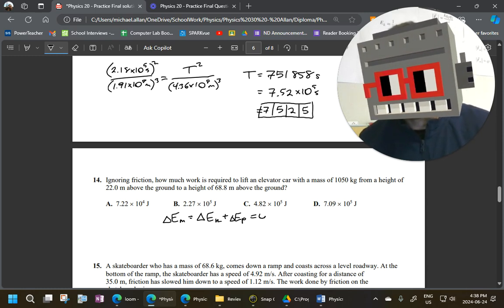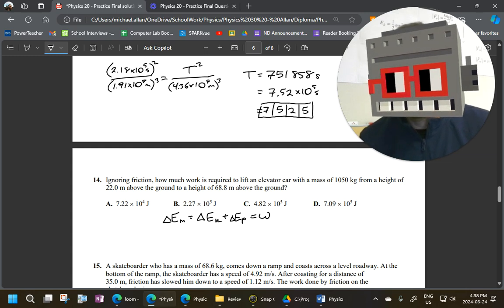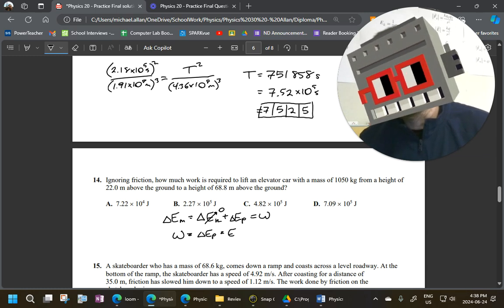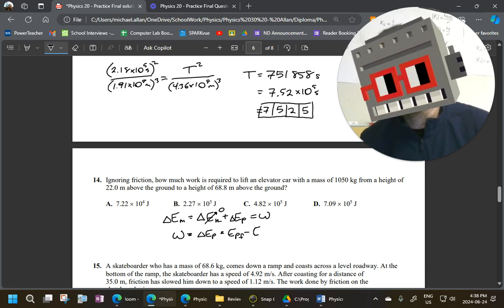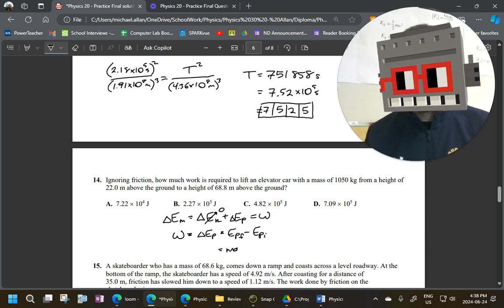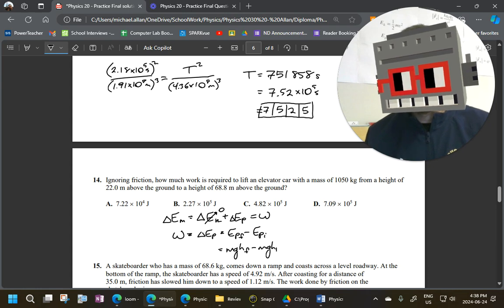That's going to become my work, right? My work energy theorem. So if I come to a stop from one ground to another ground, I'm making the assumption that the kinetic change is 0. So my work is just my change in my potential, which is going to be my potential final minus my potential initial. We can calculate those two things by going mg hf minus mg hi.